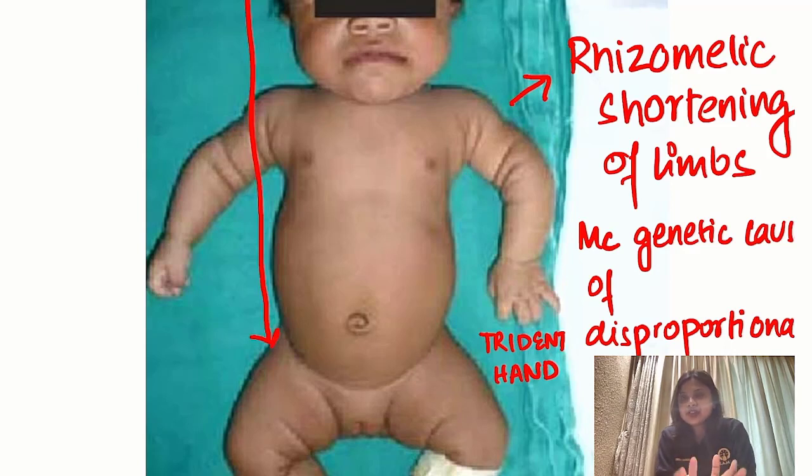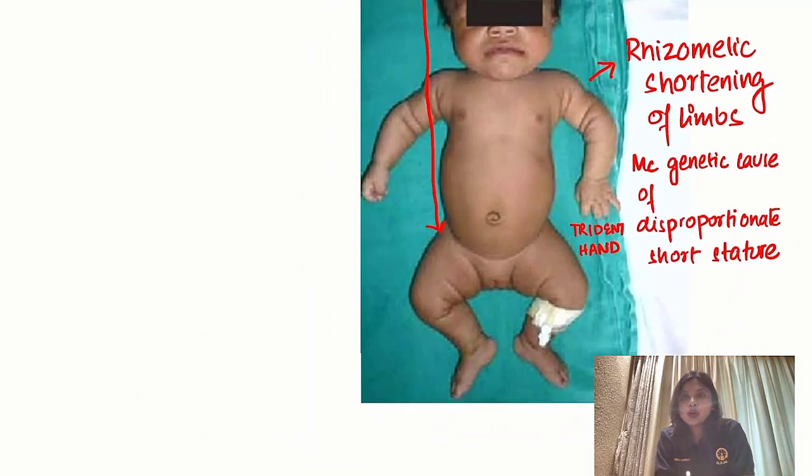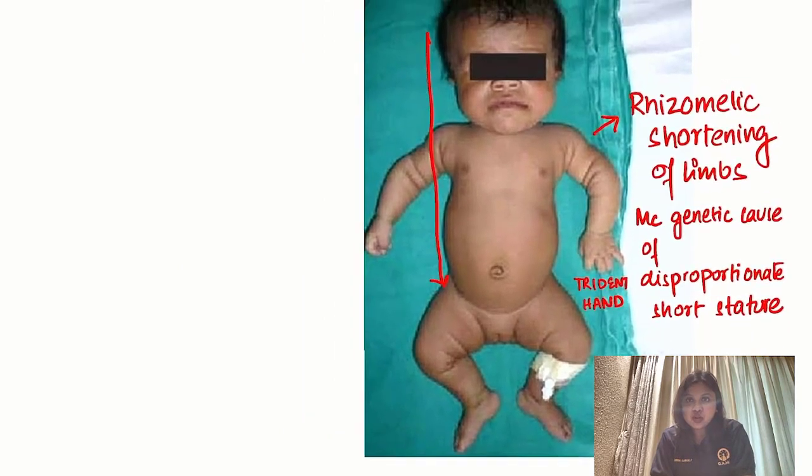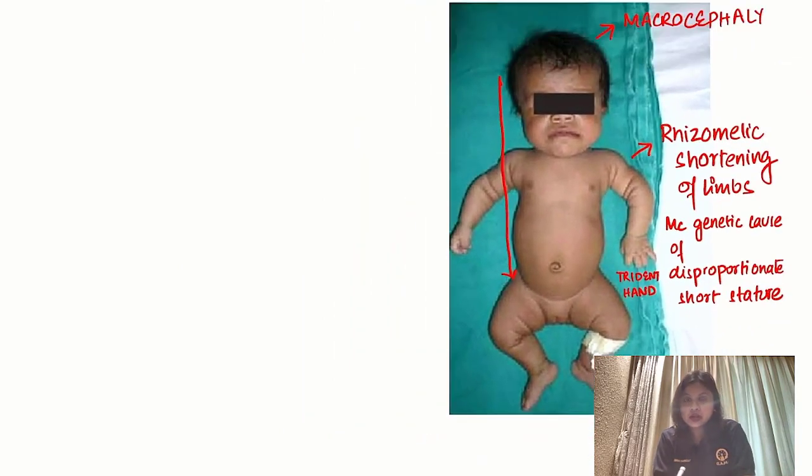Others, we can have some problem with the spine. There can be lumbar lordosis, etc. These children can have dental problems, sleep abnormalities, obstructive sleep apnea, etc. And apart from all these, you should also remember two more things about them: they have normal IQ and normal lifespan.